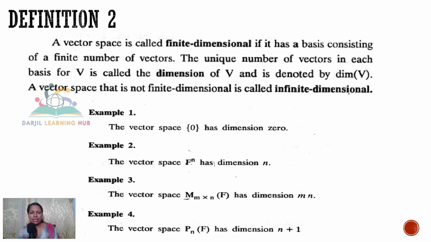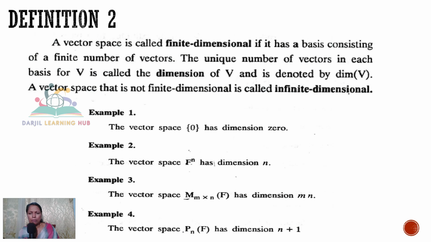What is dimension? A vector space is called finite dimensional if it has a basis consisting of a finite number of vectors. The unique number of vectors in each basis for V is called the dimension of V. Clear? So what is called the dimension of the vector space V?